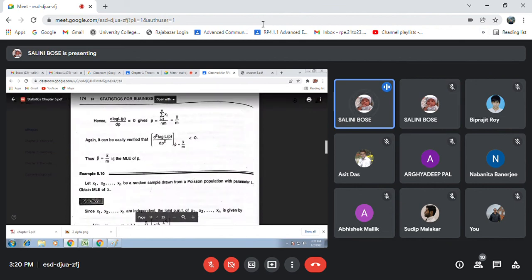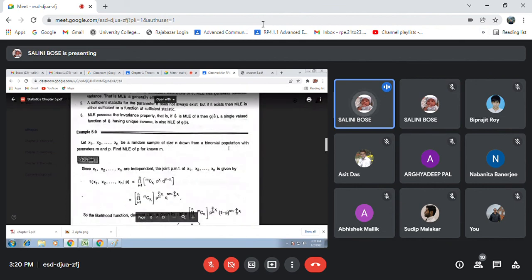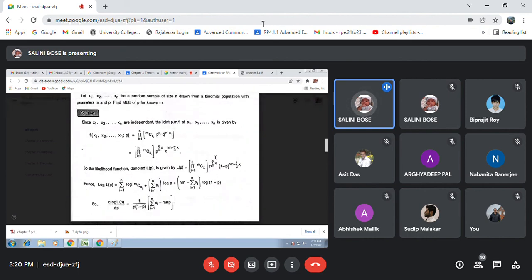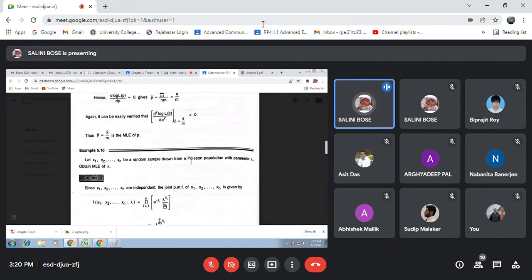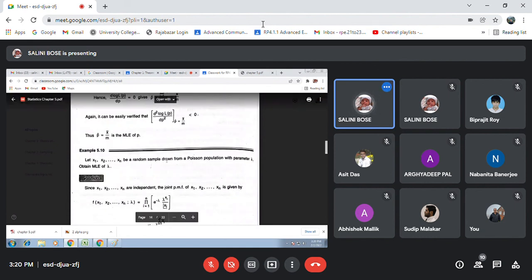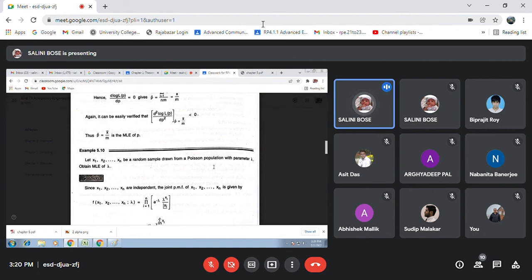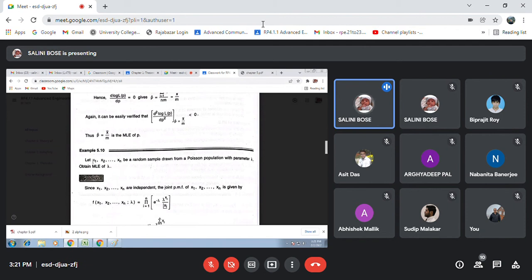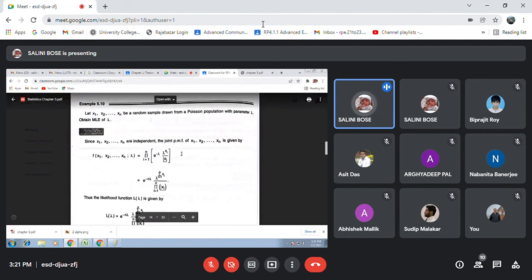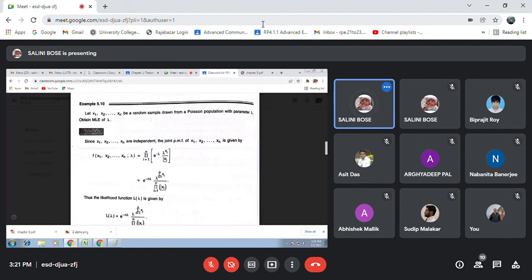Clear? Similarly, in binomial, if you know the PMF or PDF of the distribution, you can do it for every distribution. So for the next, Poisson population, if you have a Poisson population, then also you can find the MLE of lambda. Same formula, just write it. This is pi because this is in product form.